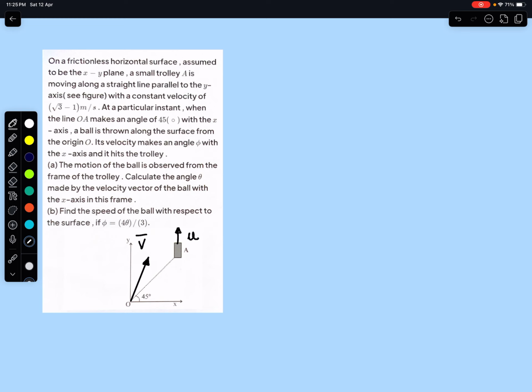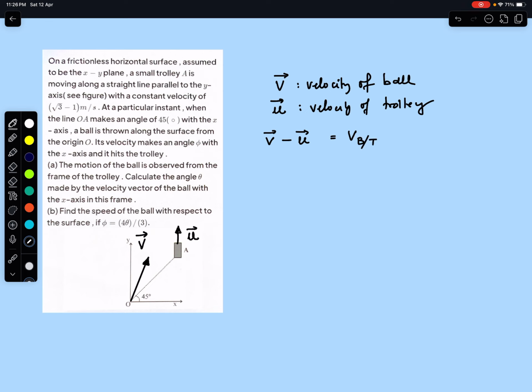Here v is the velocity of the ball, and u is the velocity of the trolley, which is along the y-axis. Now v minus u is the velocity of the ball with respect to the trolley, vb with respect to t. Actually, you can write vb as the velocity of the ball, and vt as the velocity of the trolley.